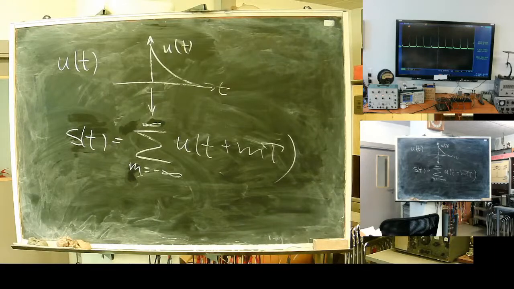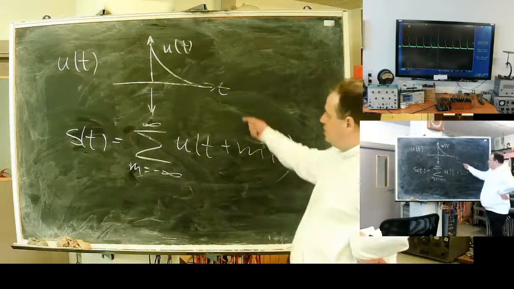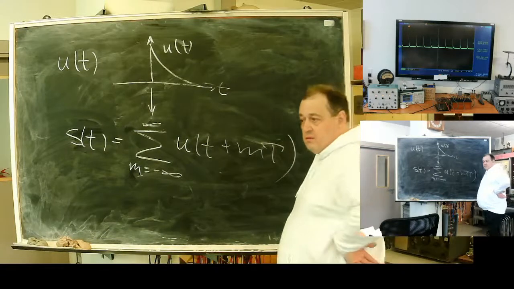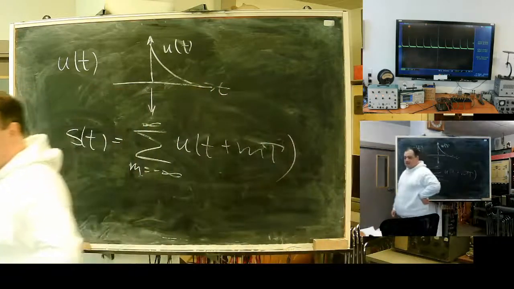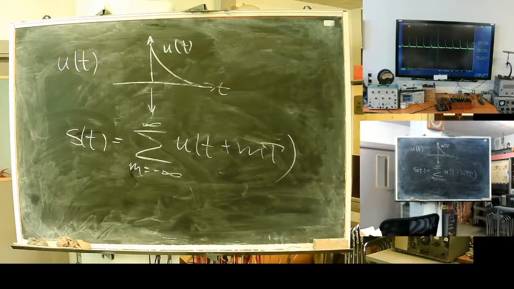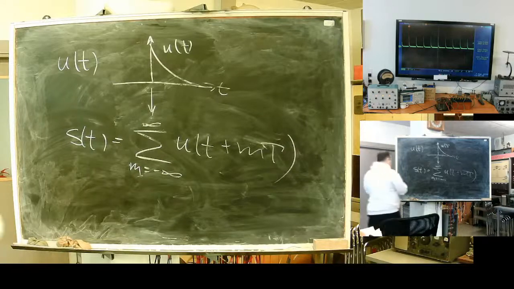Can we now write this sequence as a Fourier series? Why not?